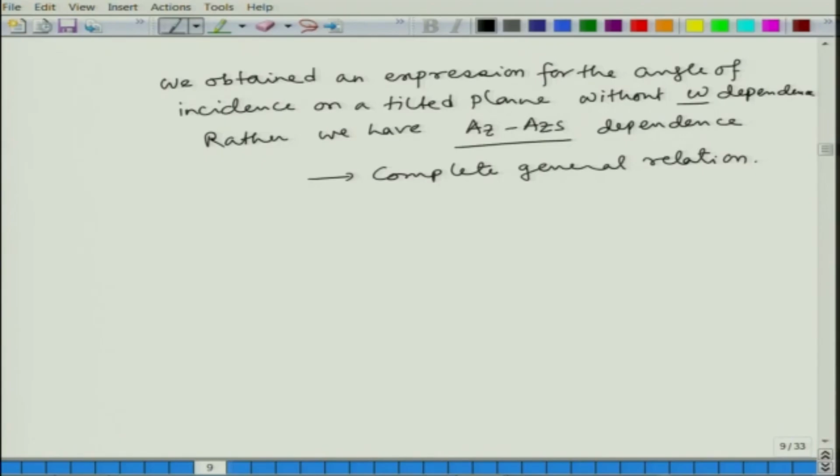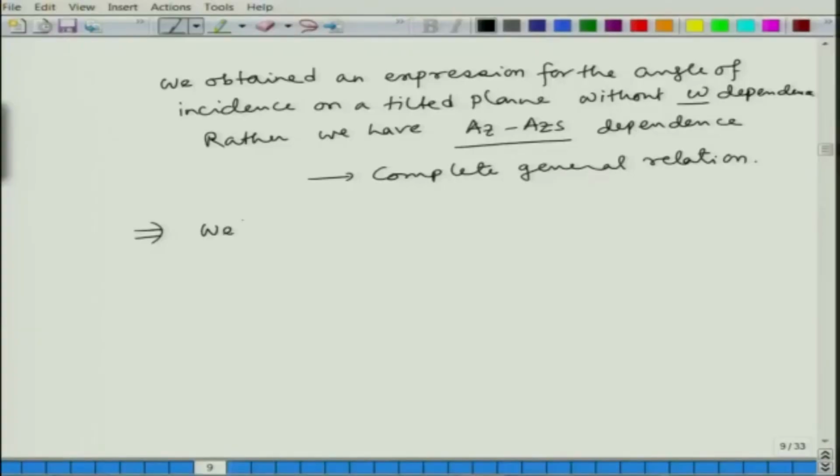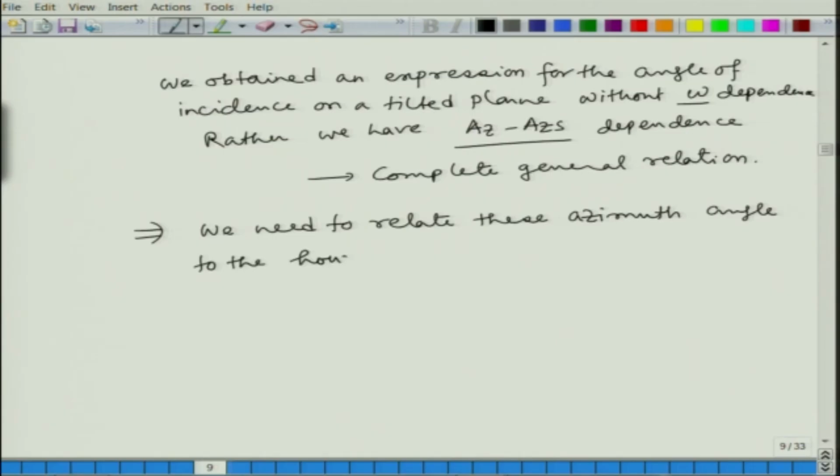Okay. So, now we have seen both the sides, but we have to connect the dots, right. So, we need to relate these azimuth angles to the hour angle, right.